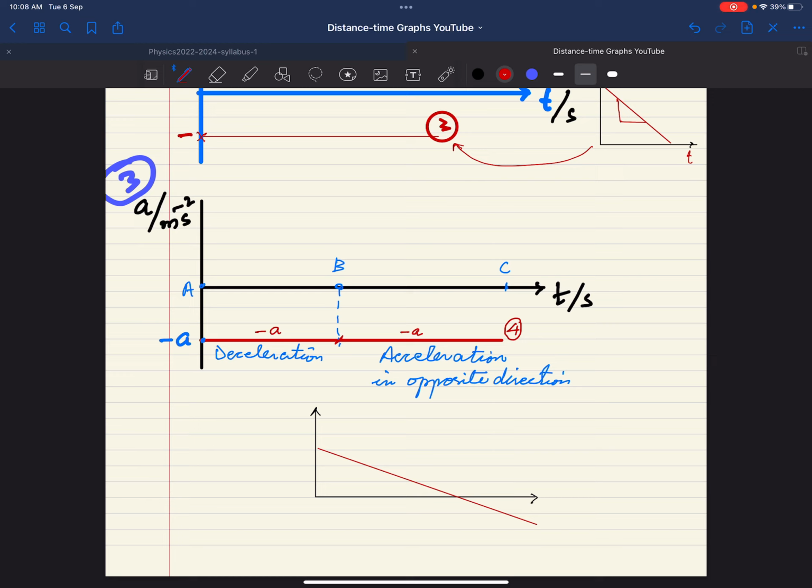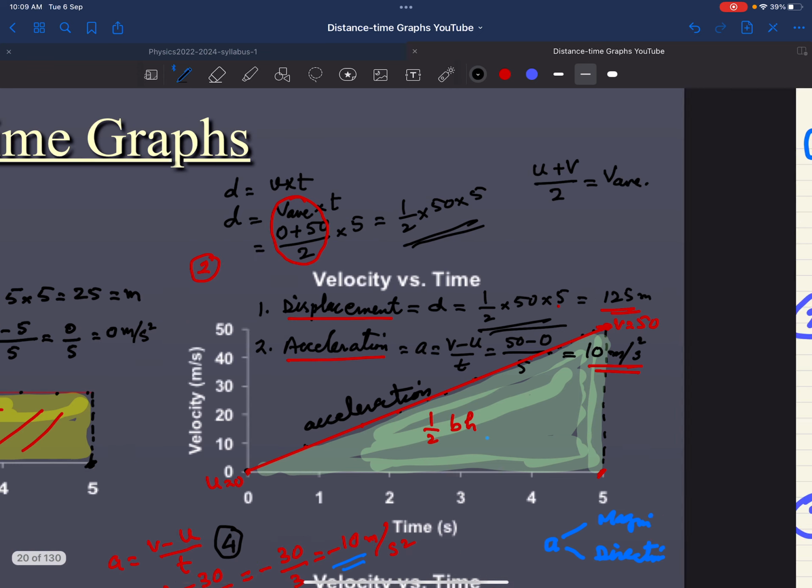From point A to point B, we have the negative gradient. Even from point B to point C, we have negative gradient. But remember this thing, that the negative velocity is increasing from B to C. From A to B, positive value, suppose we have taken the value as 30.